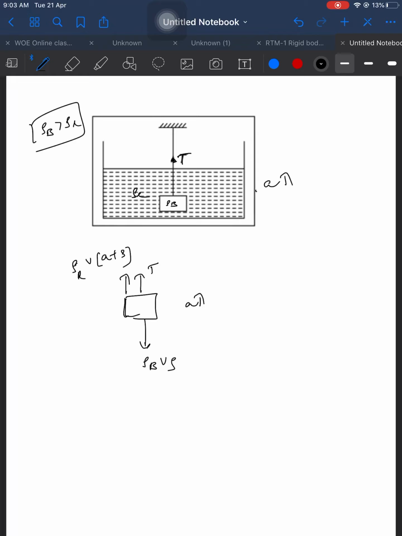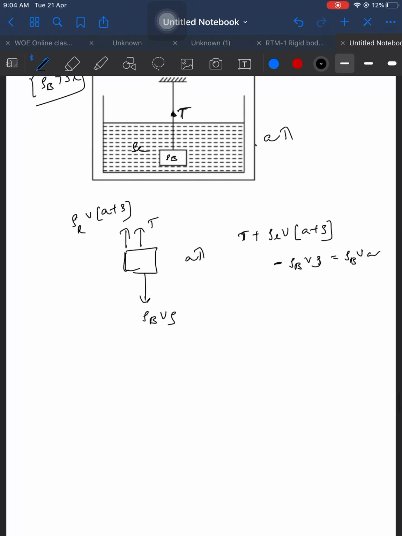Let's write the equation. T plus rho l into v into (a plus g) minus rho b into v into g is equal to rho b into v into a.